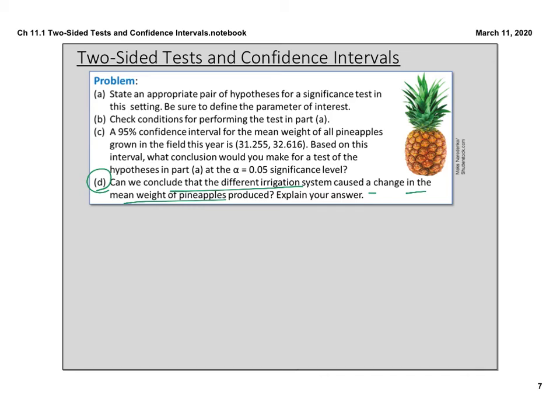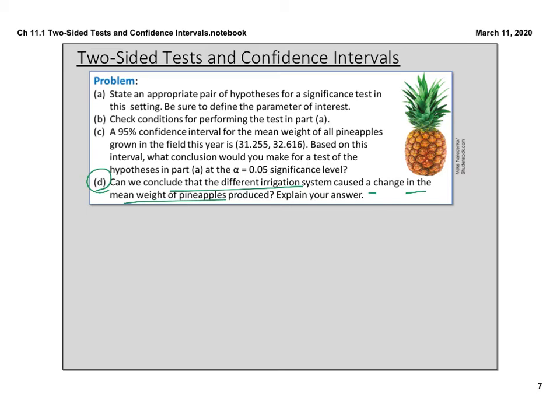So here's where you have to be a little bit careful. Now, our significance test allowed us to reject the null. The confidence interval did not include 31, so we have significant evidence to say that the mean is truly not 31. It's something different. However, we did not do an experiment in this setting.